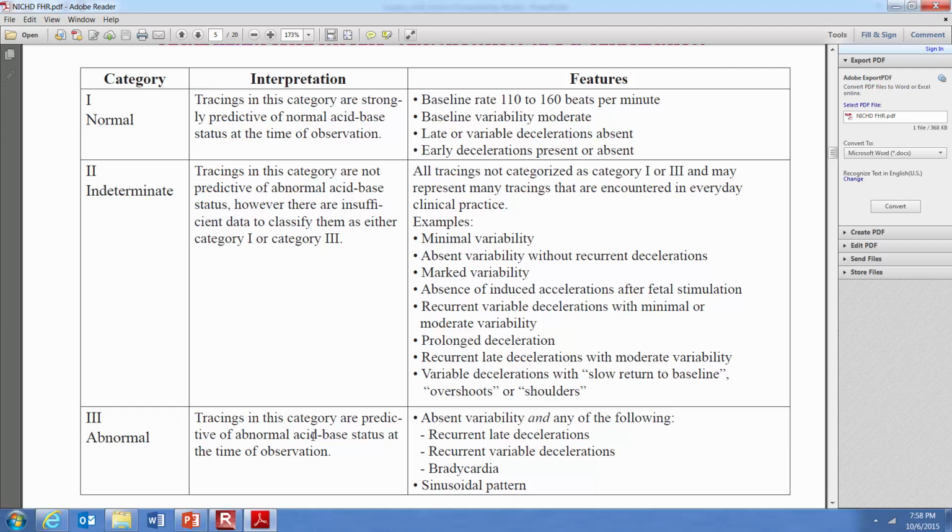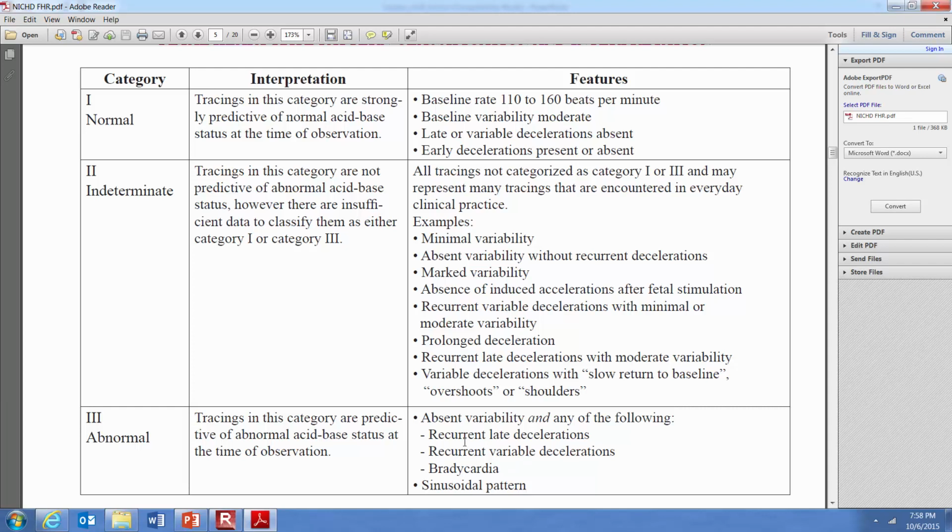But you also have to have absent variability and either recurrent late decelerations, recurrent variable decelerations, or bradycardia. So you have to have absent variability and one of these other 3 things that I just said.